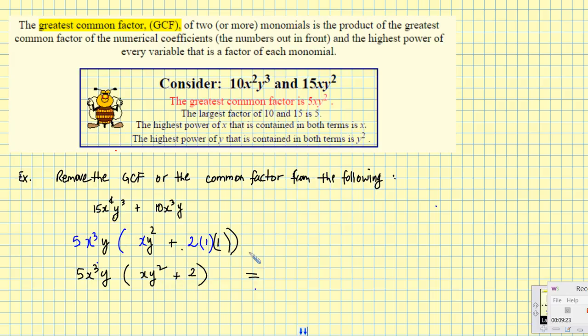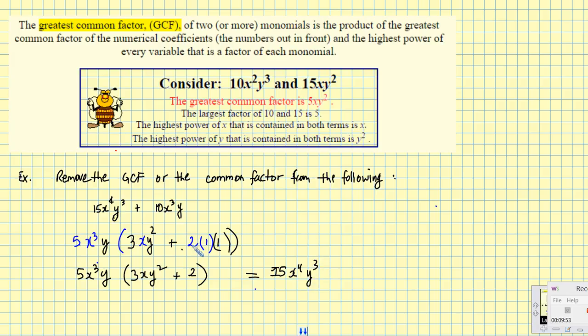If I want to make sure that I've done this correctly, I can multiply it out again, and I should get the original question. So 5x cubed y times 3xy squared will give me 5 times 3 is 15, then x cubed times x gives me x to the 4th, y times y squared gives me y cubed.